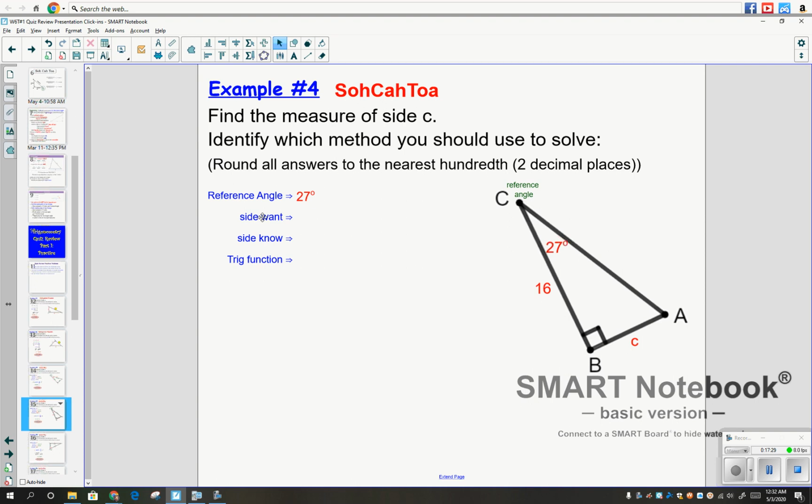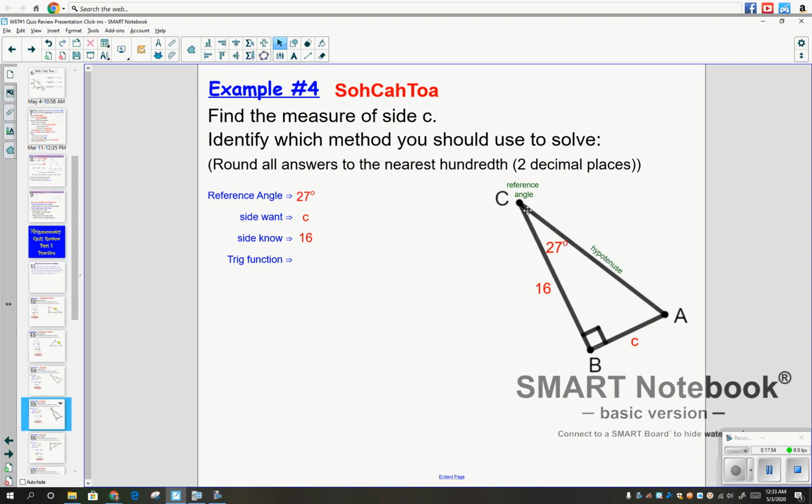Which side do I want to know? C. Which side do I know the measure of? 16. Well, the side across from the right angle is the hypotenuse. Which is the side I don't need.